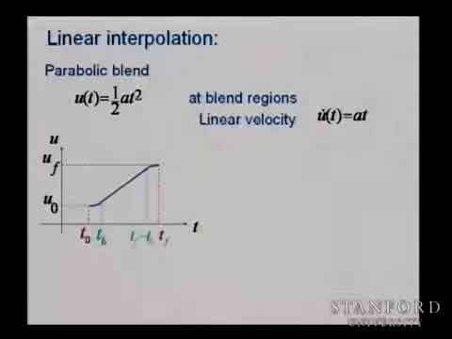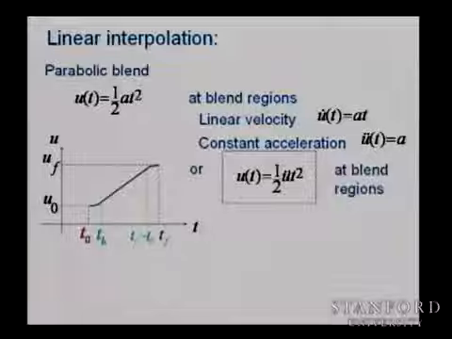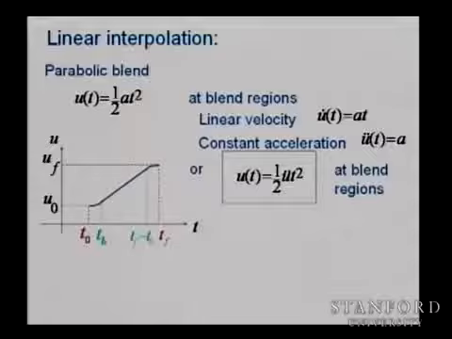The velocity here is simply a times t, and if we put a condition for a constant acceleration, for example, then that will give us that value a. Basically we'll have u sub t equals 1/2 u double dot t squared, where u double dot is the acceleration. And we'll see in a moment how we can determine that acceleration for continuous motion.